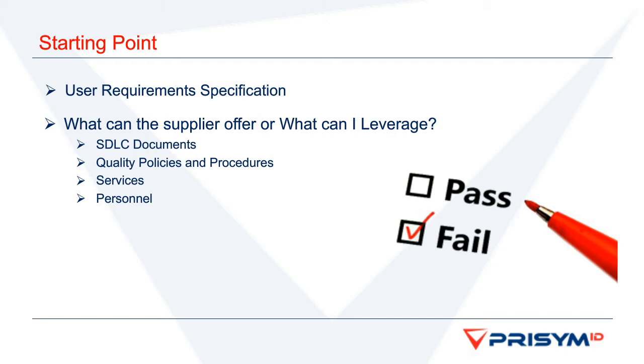It's not only documents that can be leveraged. Services can also be leveraged, especially software installation and training services. These can be used to complement your delivery teams, thus moving towards a least burdensome approach to validation. As part of your supplier audit, the company structure and training records would have been examined.